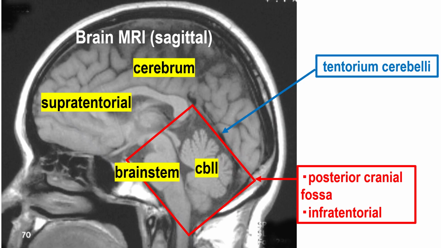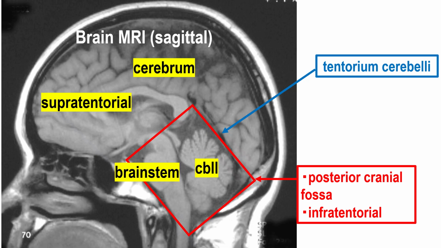The cerebellum is situated in a small chamber within the skull, called the posterior cranial fossa. The cerebrum is in a larger chamber, distinct from the cerebellum, and the boundary between them is the tentorium cerebelli, which is made of dura mater.